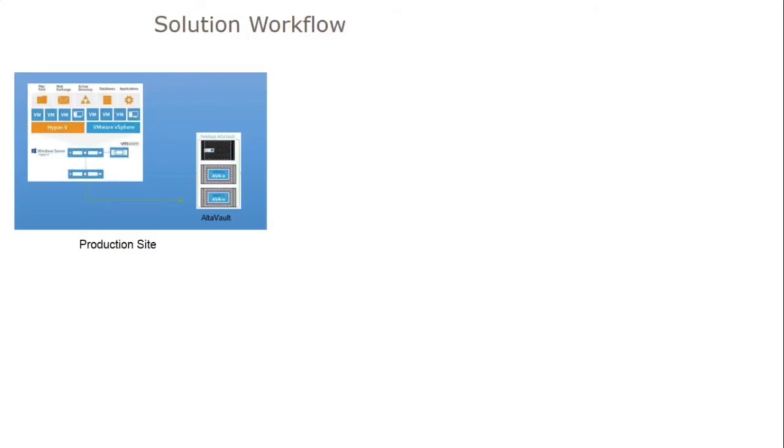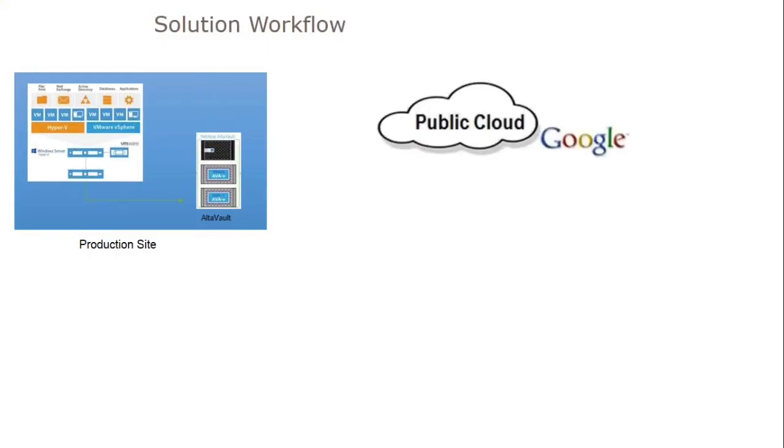Okay, let's see the solution workflow. We have a production site integrated with AltaVault and a public cloud storage. In our example, we have chosen Google Cloud Storage. Once the setup is done, we're ready to replicate the data to the cloud, and we can take the restore from the same location.